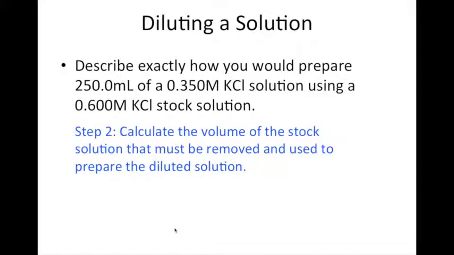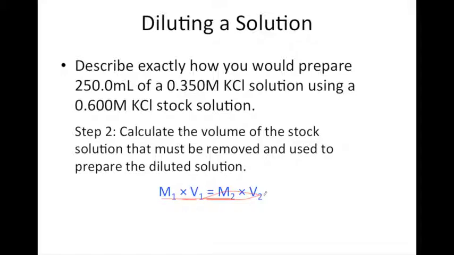So the next step, we can calculate X, or V1, the volume we need to remove of our stock solution. To do that, we use what we call the dilution formula. Anytime we're solving problems involving dilutions, this is probably the best formula to use: M1 times V1 equals M2 times V2.